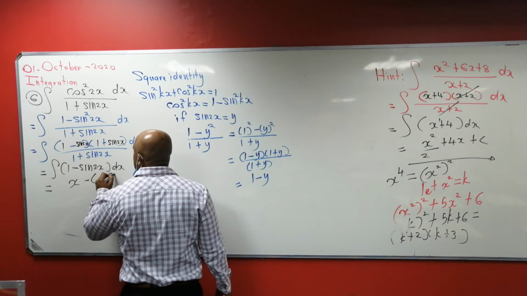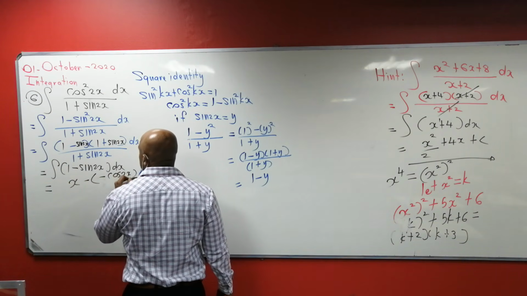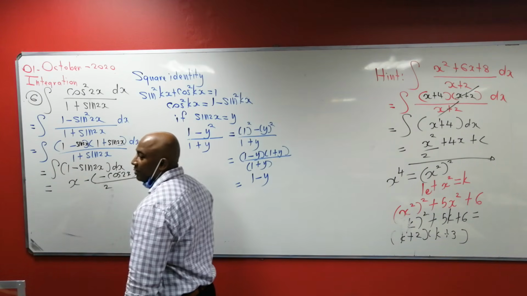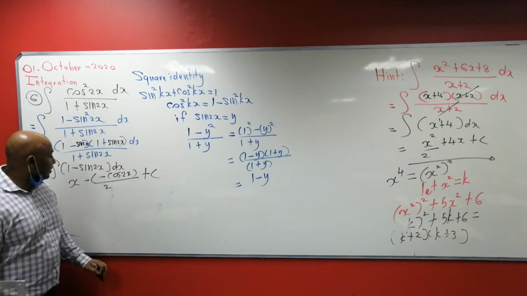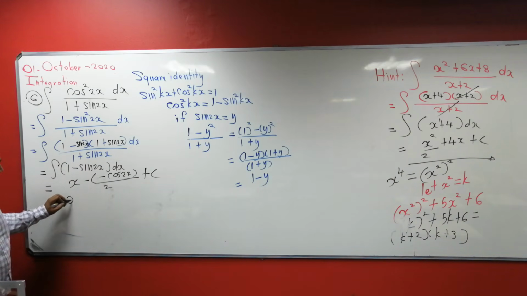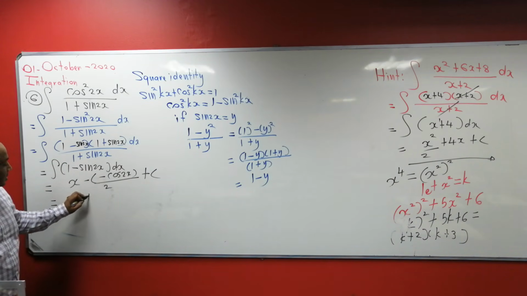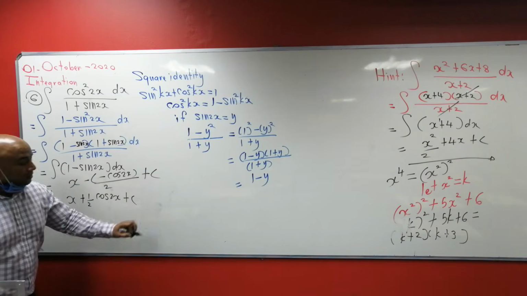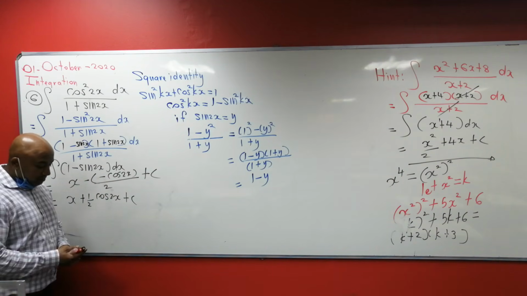You get minus cos 2x, all divided by 2, and put down your plus c there. So that will be x, negative, negative, that will be positive, 1 over 2 cos 2x plus c.